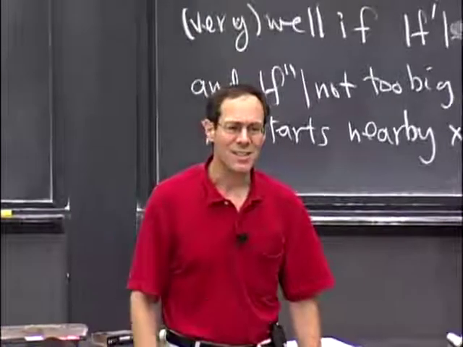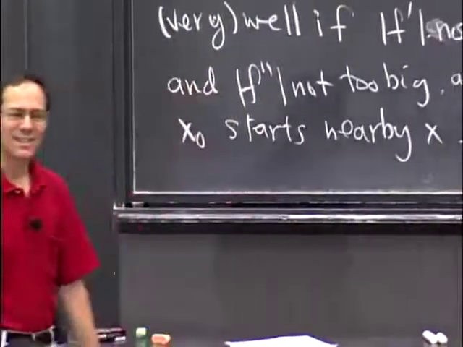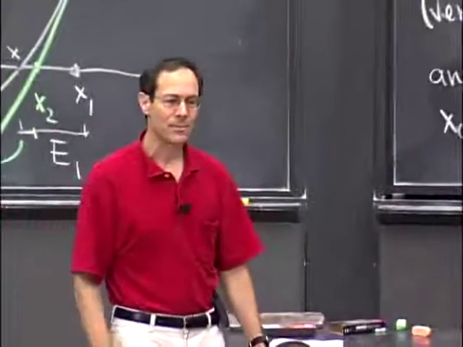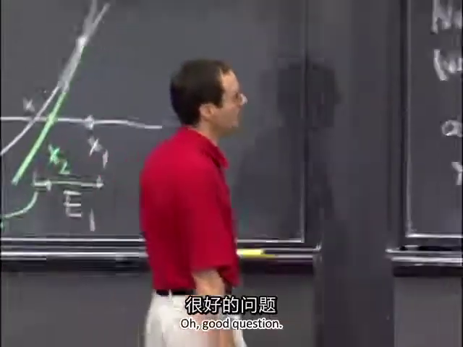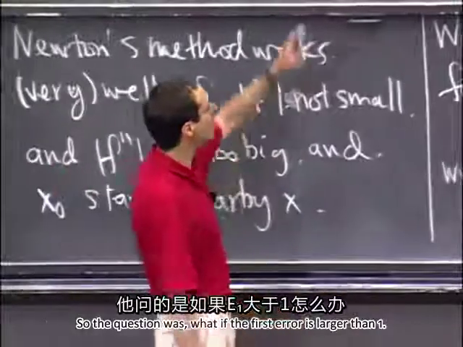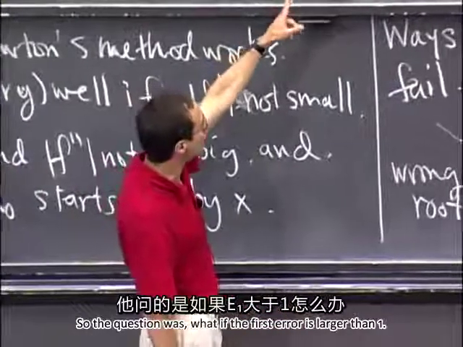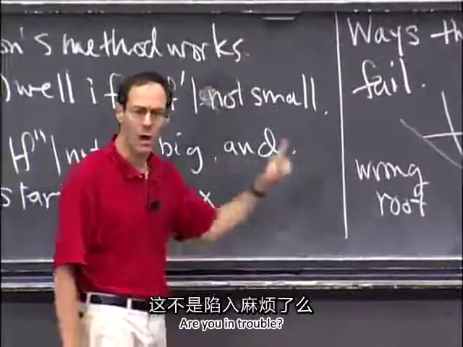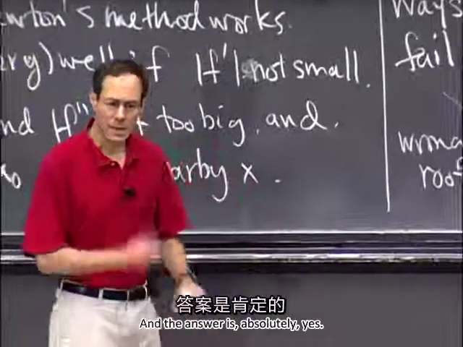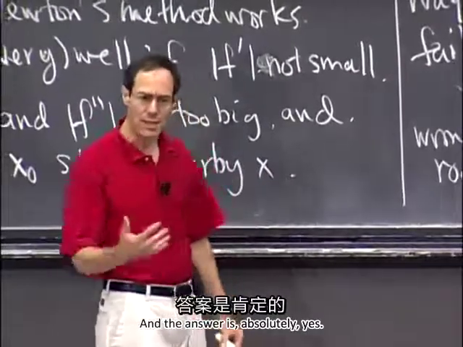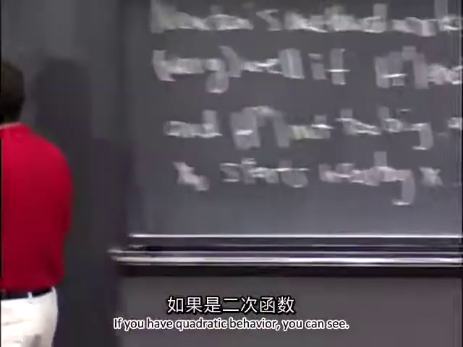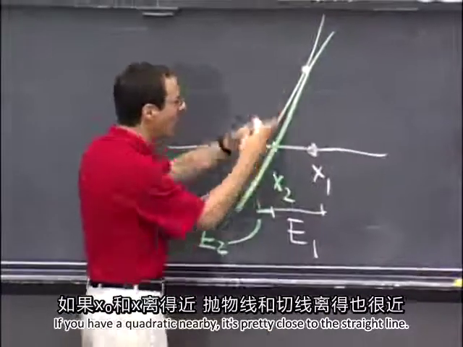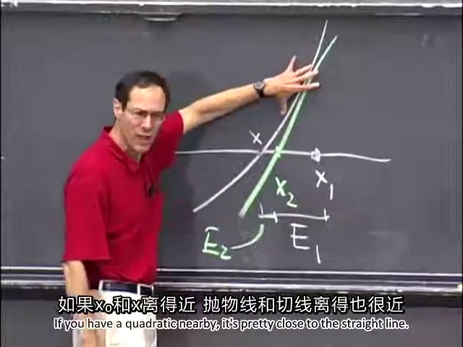Yes, question. How about if the first error is larger than 1? Oh, good question. The question was, what if the first error is larger than 1? Are you in trouble? The answer is absolutely yes. If you have quadratic behavior, nearby it's pretty close to a straight line.